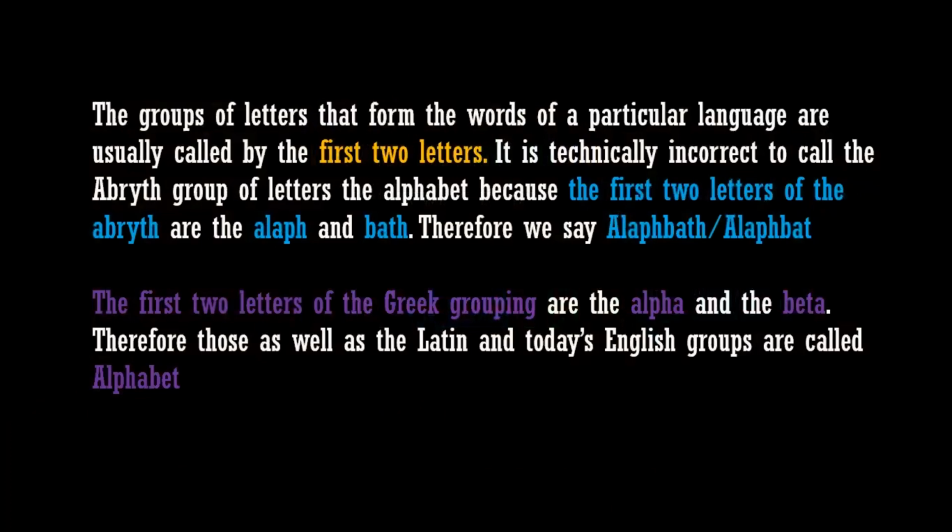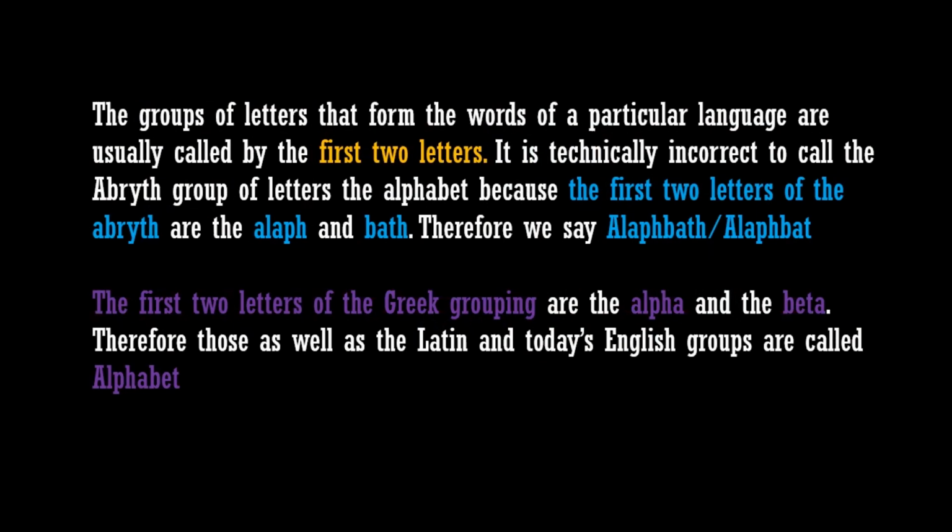The groups of letters that form the words of a particular language are usually called by the first two letters. It is technically incorrect to call the Abryth group of letters the alphabet because the first two letters of the Abryth are the Aleph and the Bat.